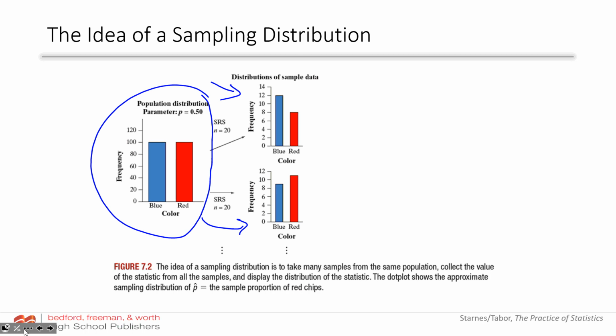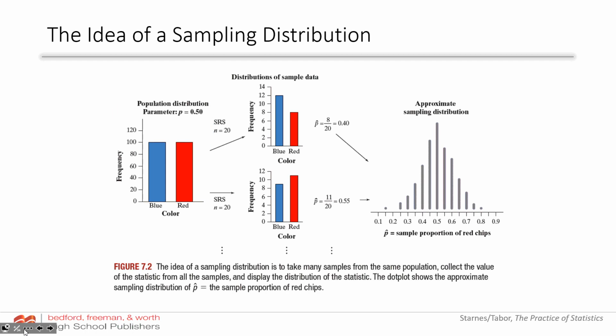So anyway, if I take lots and lots of samples of size 20 and record what proportion of those chips were red, I have a whole bunch of p hats. In this first sample, the proportion of red chips was 8 out of 20, or 40%. In my second sample, the proportion of red chips was 11 out of 20, or 55%.